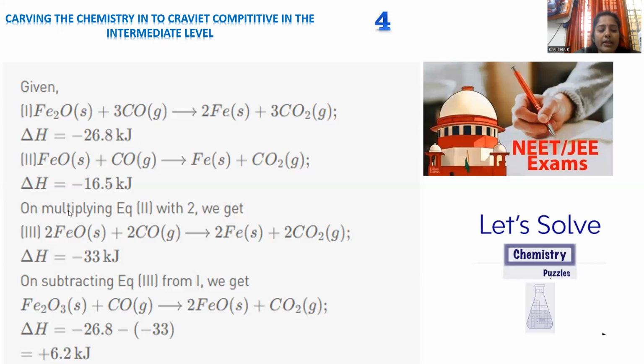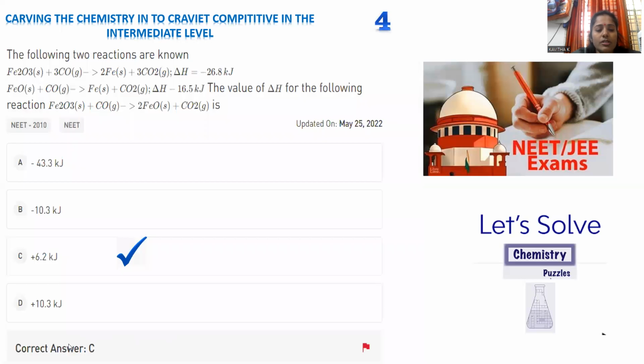So the final enthalpy for this reaction: delta H is equal to minus 26.8 minus into minus 33. Minus into minus will be plus only. So 33 minus 26.8 is 6.2, but the larger value contains the plus term, so we have to put a plus here. Plus 6.2 kilojoules. For question number 4, option C will be the correct answer.